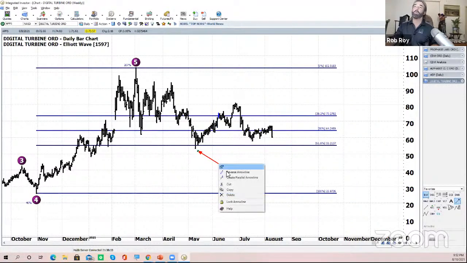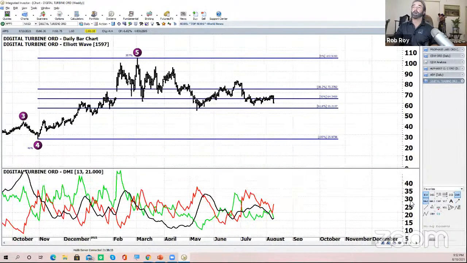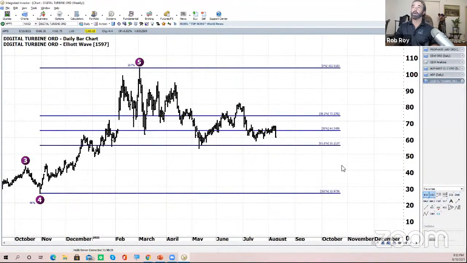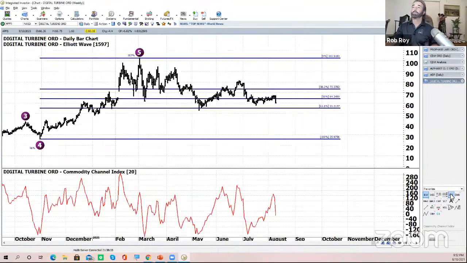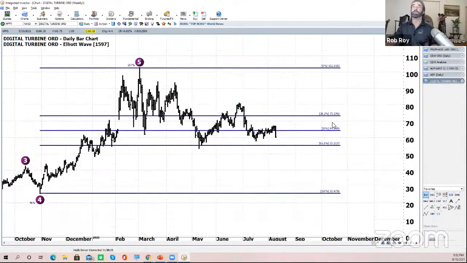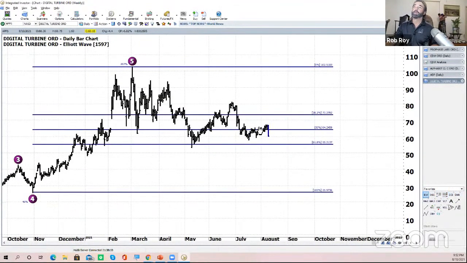If you're waiting to enter this one, watch for a break back above the 38.2% retracement level. It tried it back here at the end of June and couldn't hold it. So if it broke above that again and you had some support from the DMI, which there's nothing there now, and really no signal from the CCI either, we're just in consolidation mode here.